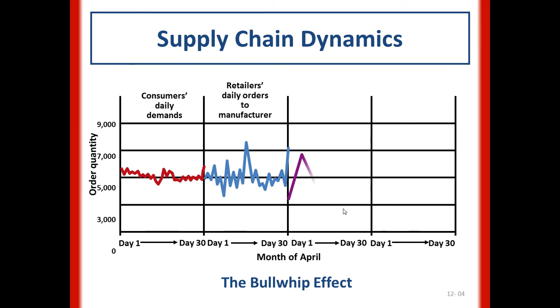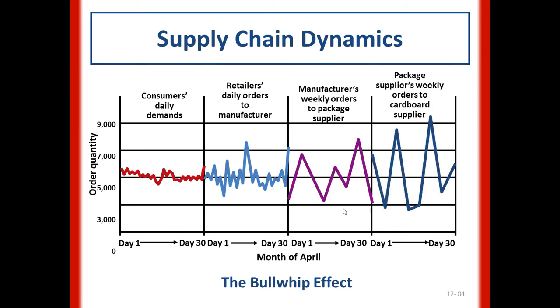Supply chain dynamics. Supply chain dynamics explain how each supply chain member can affect other supply chain members in the supply chain. Each firm in the supply chain depends on other firms for services, materials, and also the information needed to supply its immediate external customer in the supply chain.